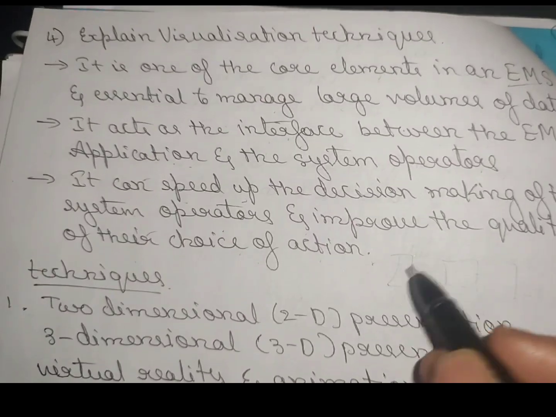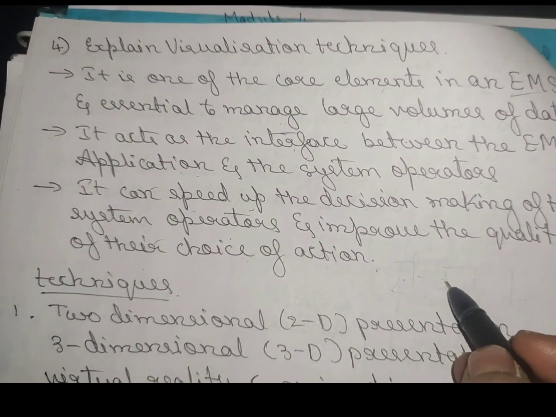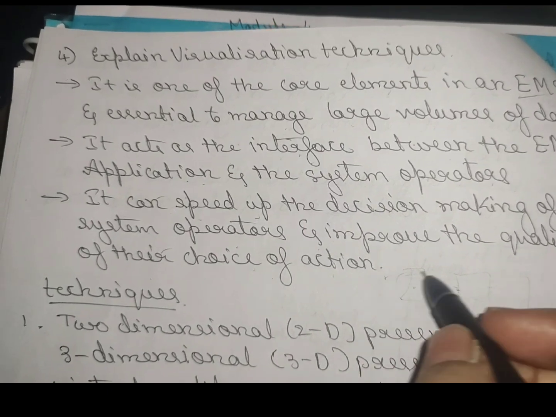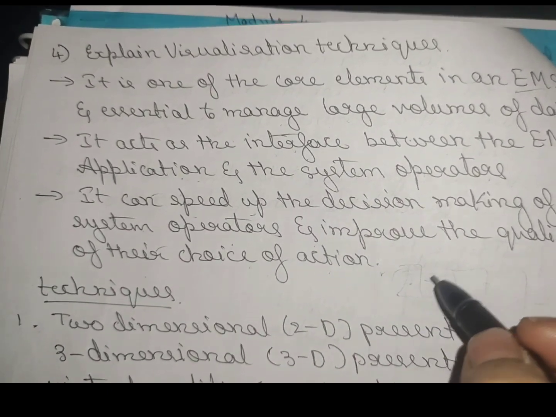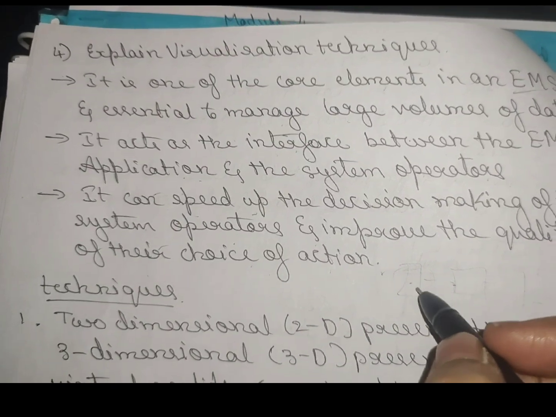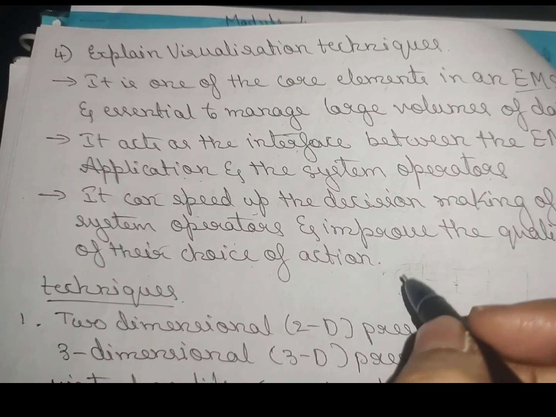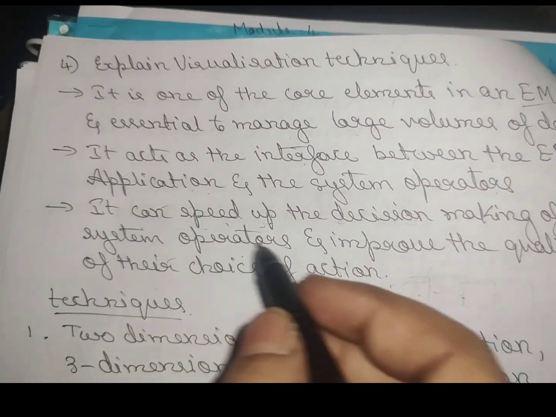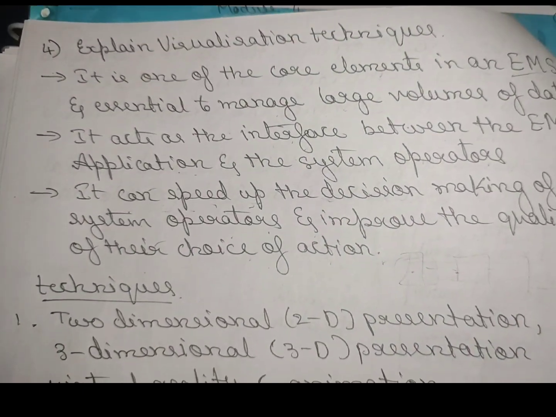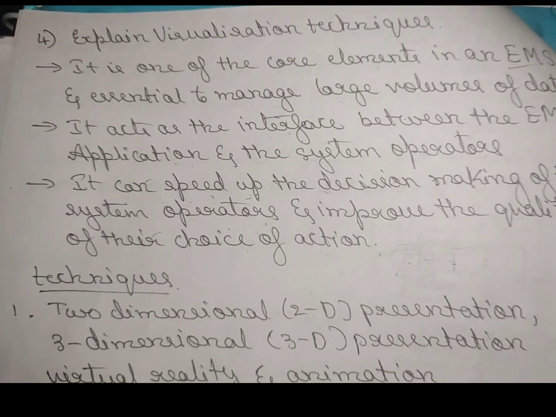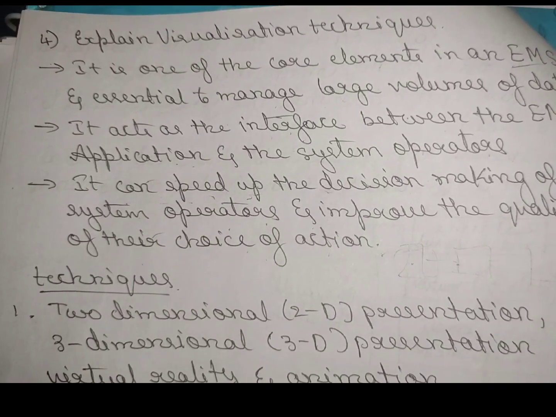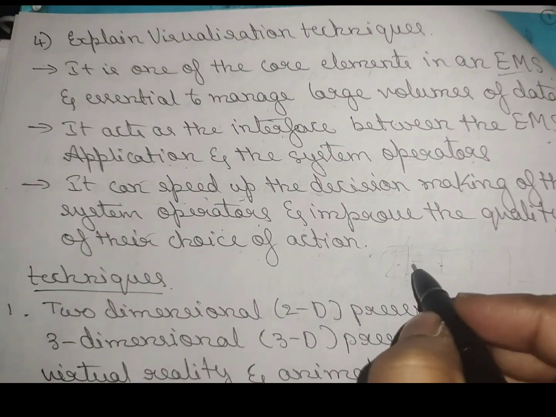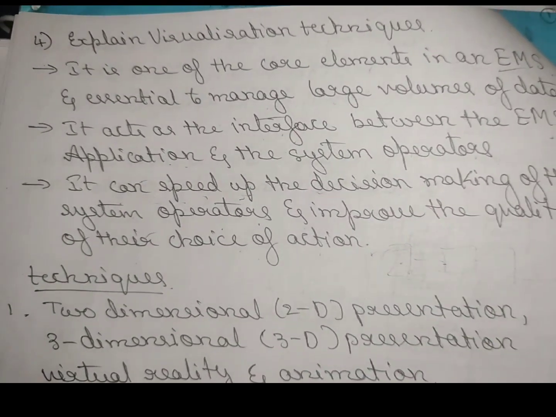After knowing the information or status of any equipment, then only they can take the decision. So it can speed up the decision making of the system operators. For example, if any fault occurs, the relay will sense it and the circuit breaker will trip.